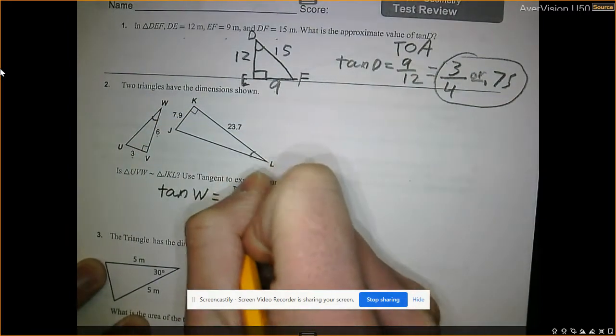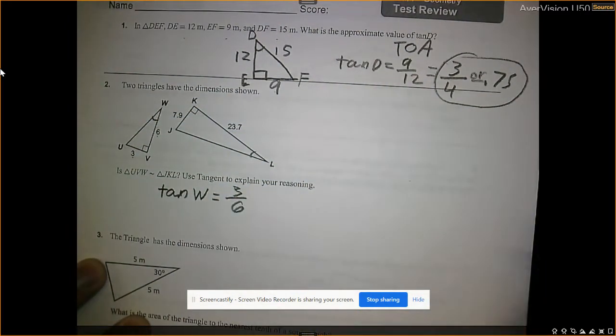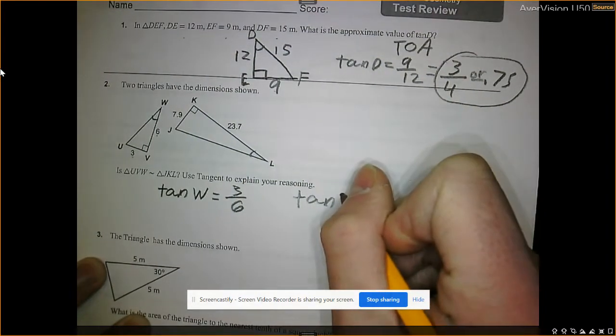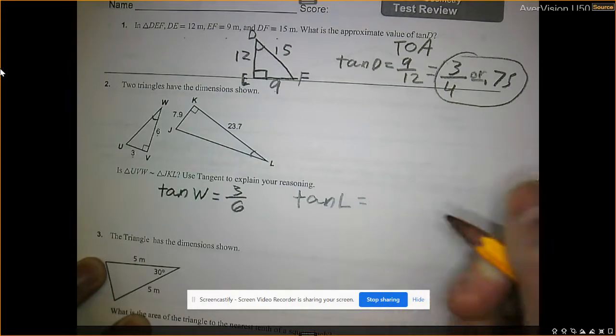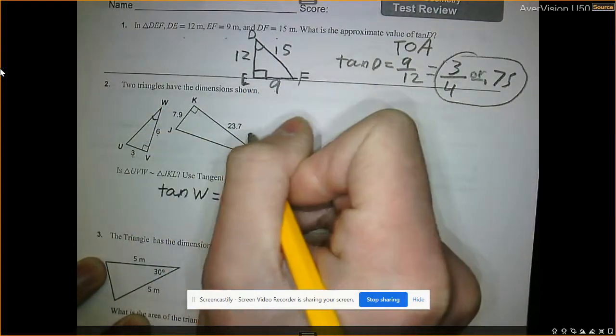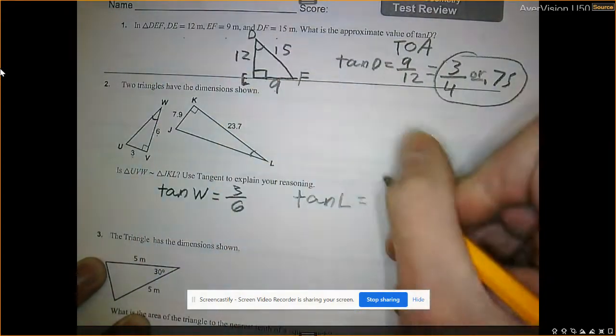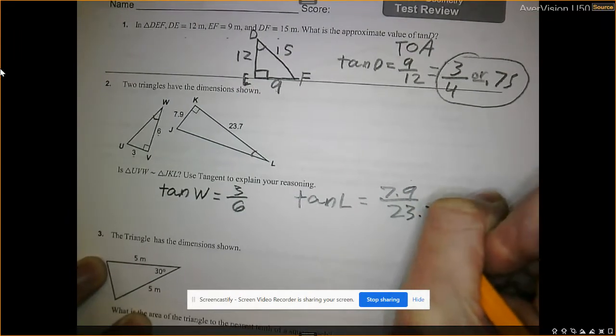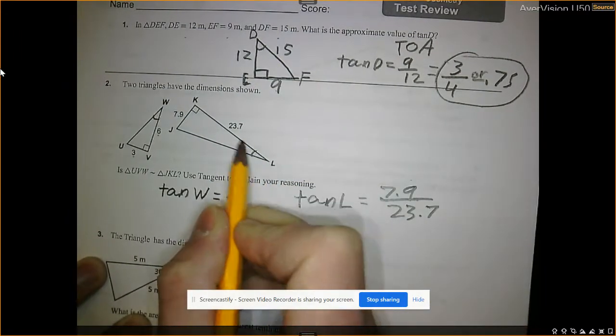That's 3/6. And then tan of L, if they're similar, they should be the same. Tan of L is opposite over adjacent, 7.9 over 23.7.